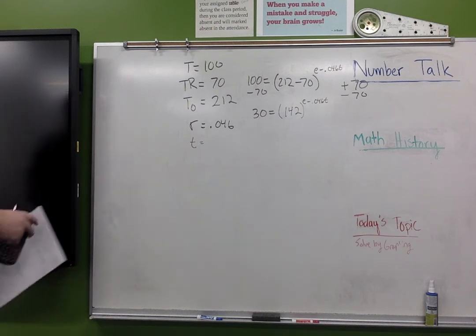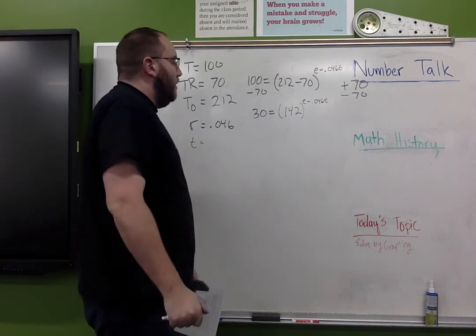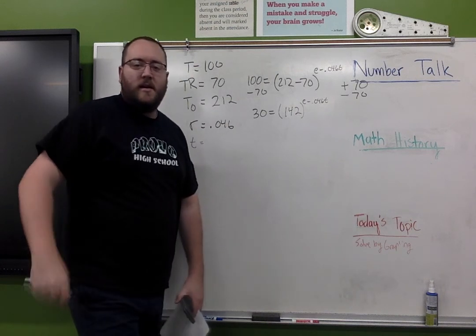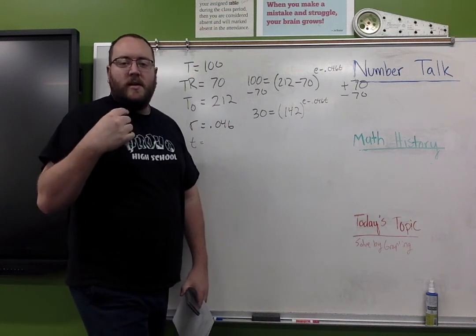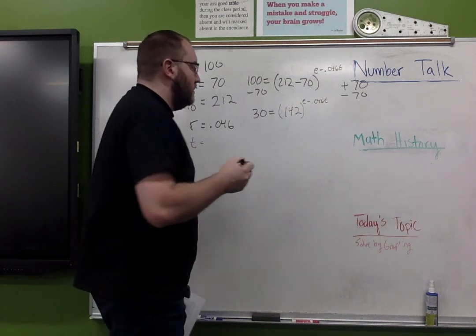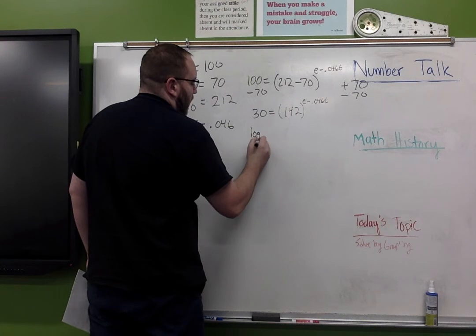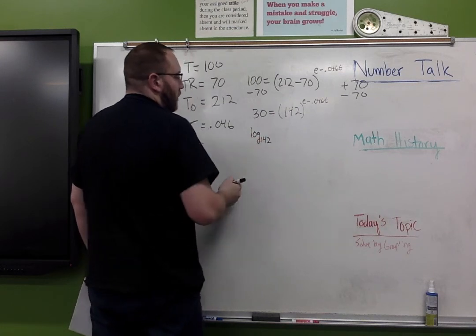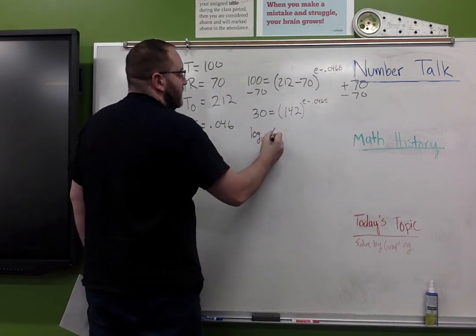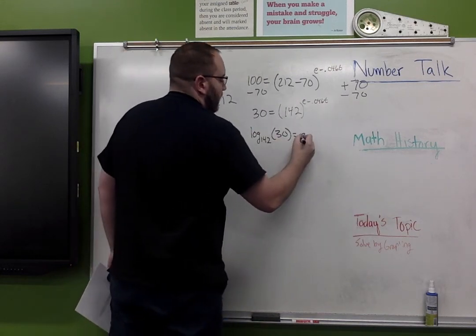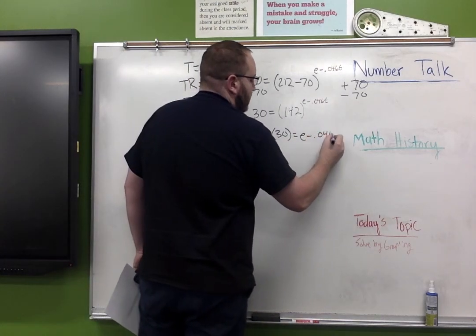At this point, obviously we can't get 30 and 142 to be the same base, so we're going to have to convert to the inverse to solve this. The base stays the same, so log base 142. What was outside is now inside, so of 30. And what was inside is now outside, minus 0.046 t.